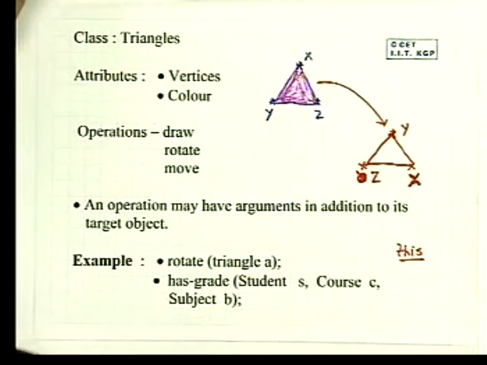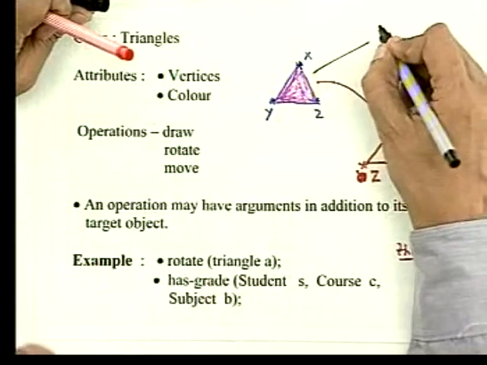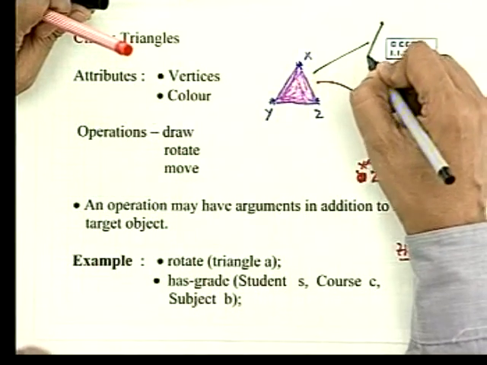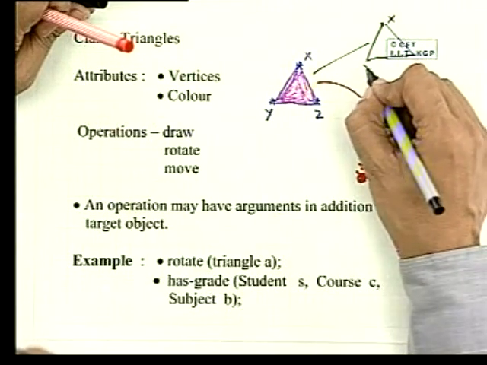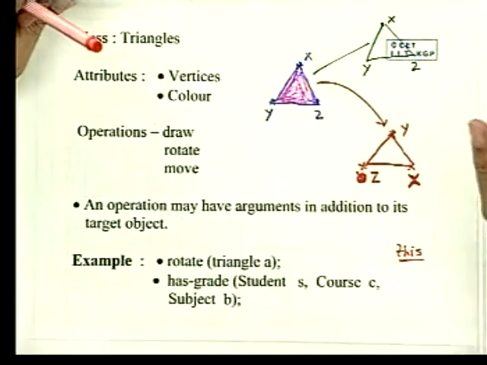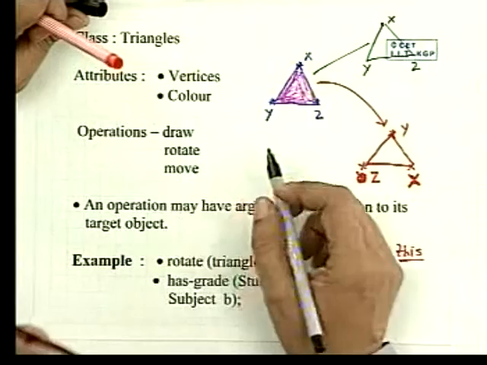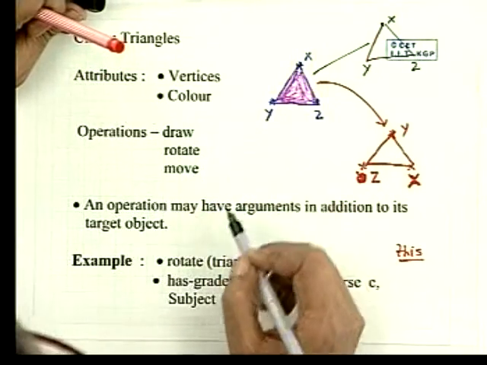Similarly, we can also move a triangle. We can move this triangle to another location, say here, and it will be a replica of it when it is moved a certain distance along a particular orientation. So the methods are to draw a triangle, rotate a triangle, move a triangle.